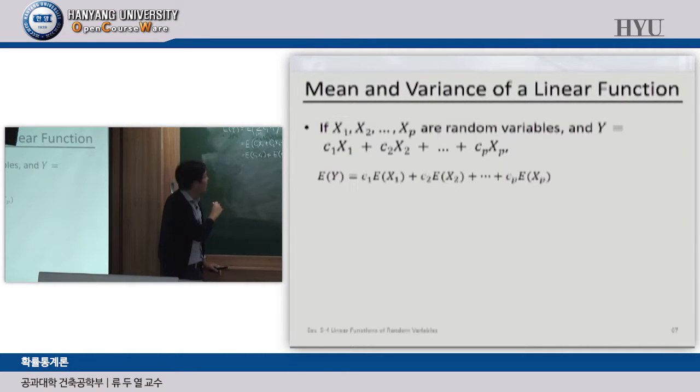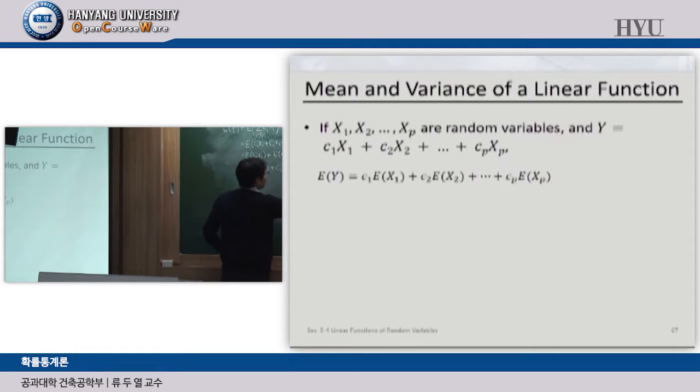In this case, C1, C2, and Cp are all constants, which means this can be written as C1 by E[X1] plus C2 by E[X2] up to Cp by E[Xp].